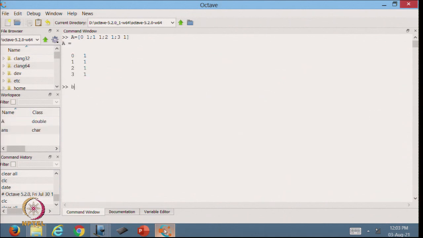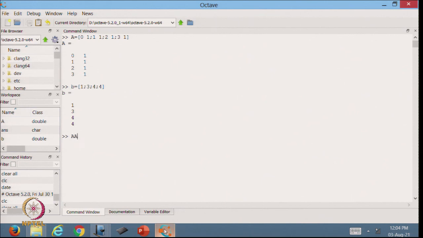Now, on the right hand side I have a vector b. So, that is the column vector. So, I will just take the vector 1 3 4 4. Now, I want to check whether this is going to have a solution or not. So, what I do, I find the augmented matrix.